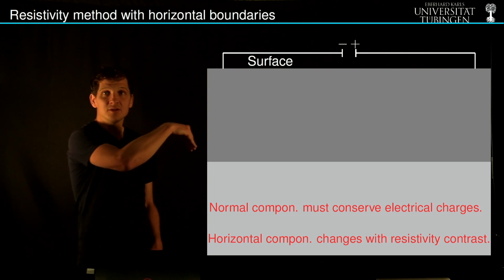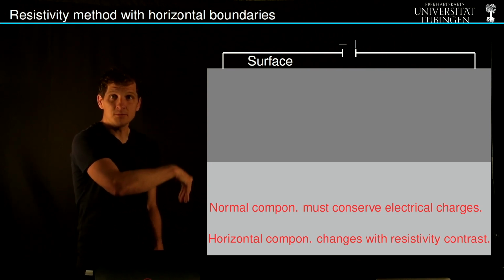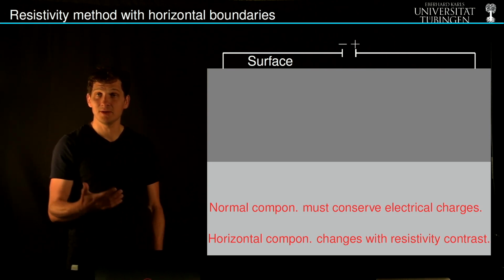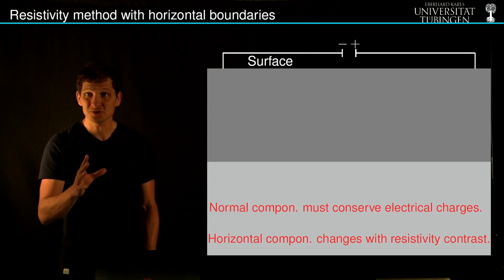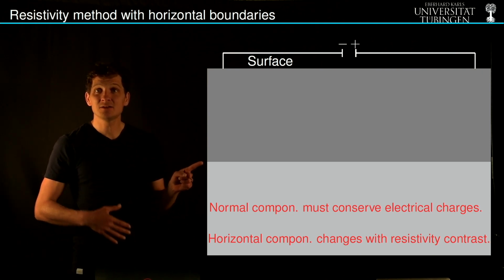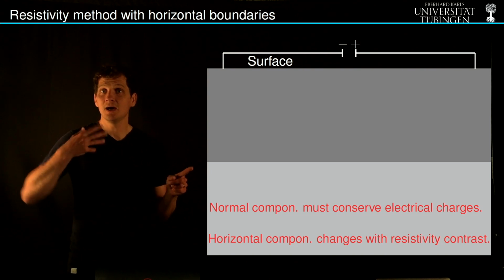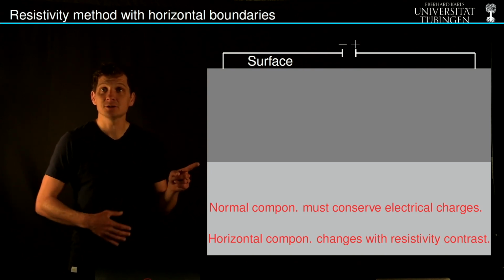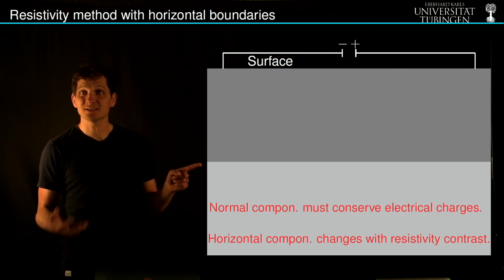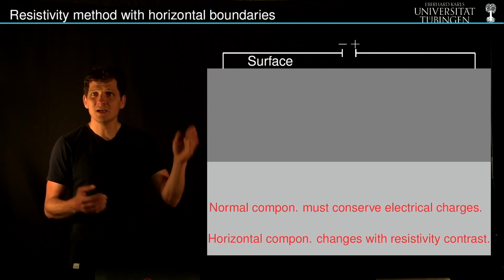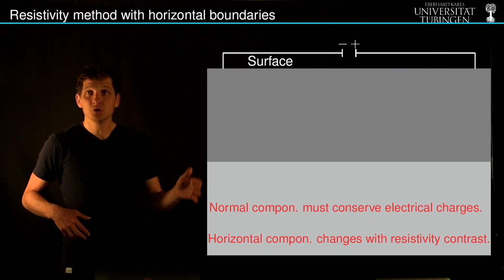If the normal component of the current density flow vector would change, then this would lead to a continuous accumulation or depletion of charges at this interface, and that isn't really physical. So the normal component should not change.